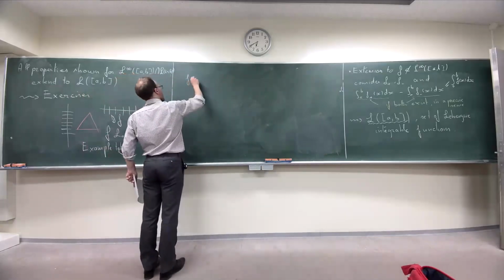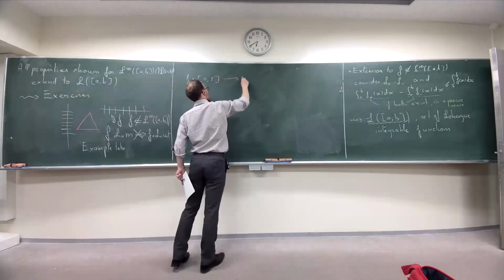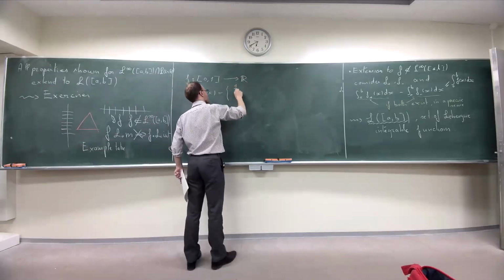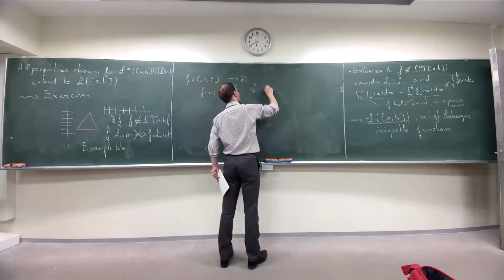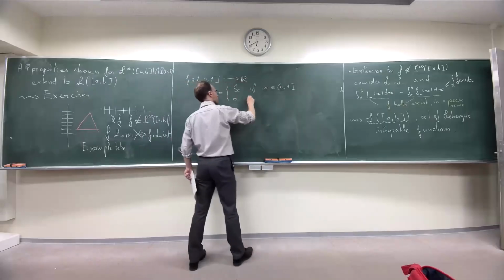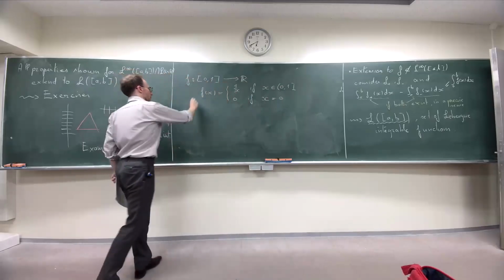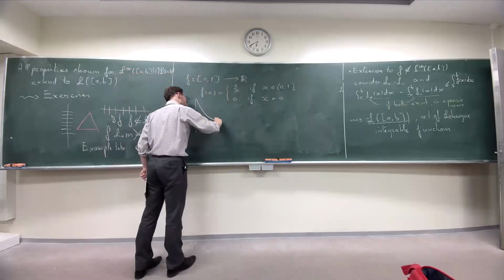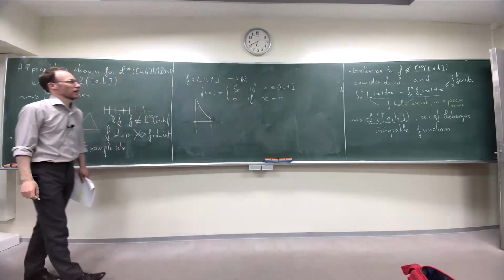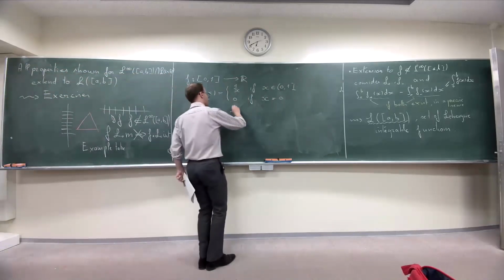Take F from 0, 1 to R. F of x is going to be 1 over x if x is in the open interval 0, 1, and it's 0 if x is equal to 0. This function, going up to 1, with one point here, is defined on a closed interval. It's real.